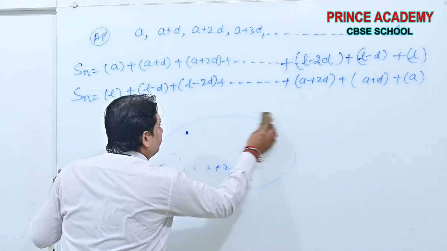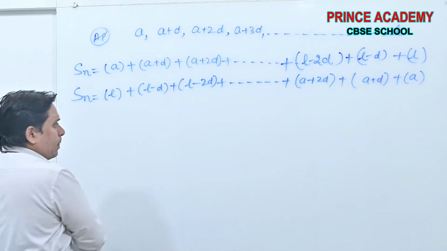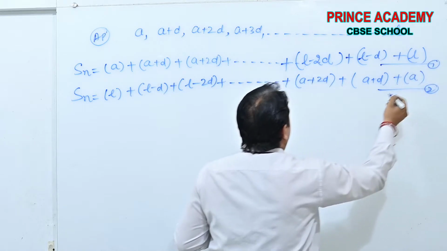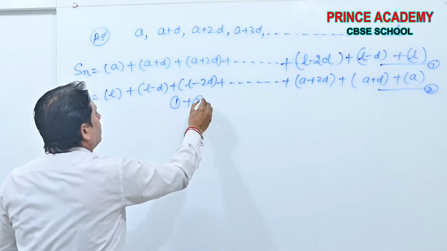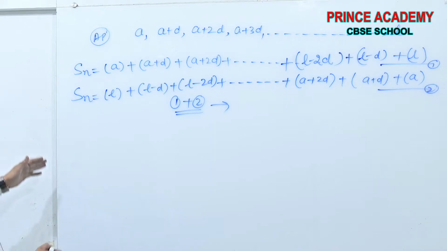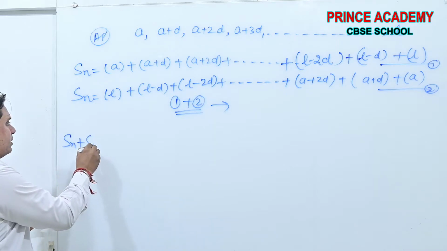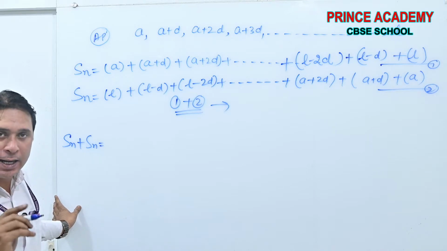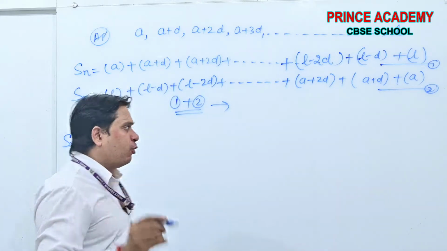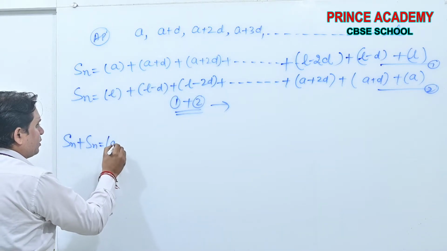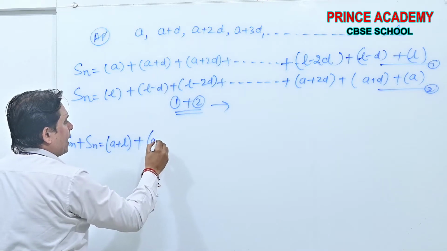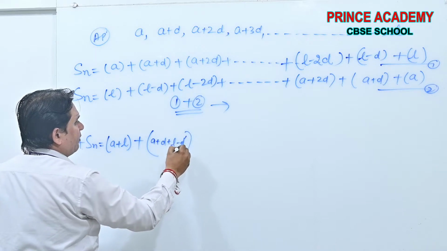Okay, now see. This is equation 1 suppose, and this is equation 2. Now if we add 1 plus 2, now if we are adding both the equations, Sn plus Sn, yes or no? Okay, done. Now see. Keep adding the respective terms. See what happens here. A plus L, yes or no? Done. Here when you add these, A plus D, L minus D, D will be cancelled.